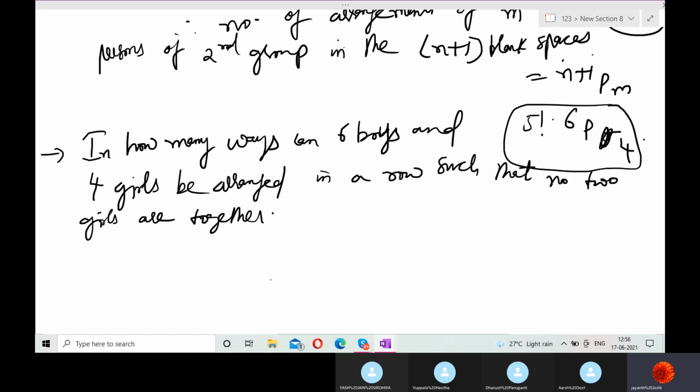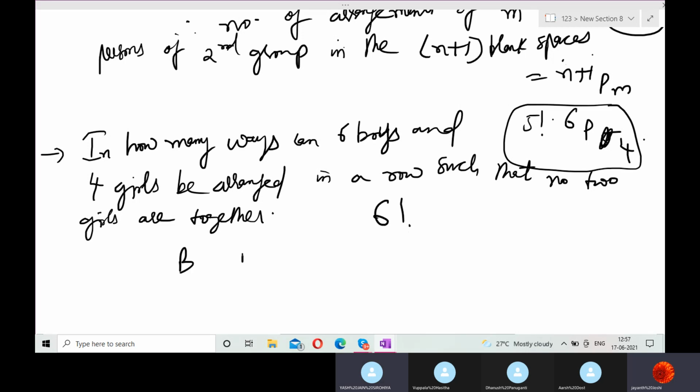Yes, answer. 6 boys can arrange themselves in how many ways? 6 factorial.